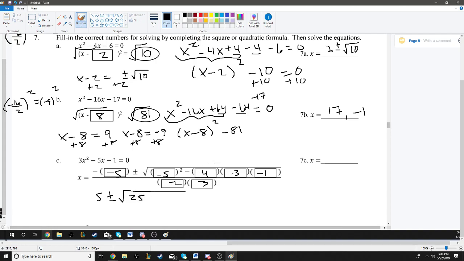Negative 4 times 3 times negative 1 is plus 12 all over 6. So this all becomes 5 plus or minus the square root of 37 all divided by 6. Okay. Next part, part D.